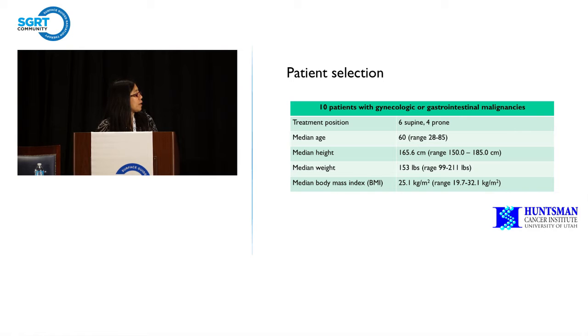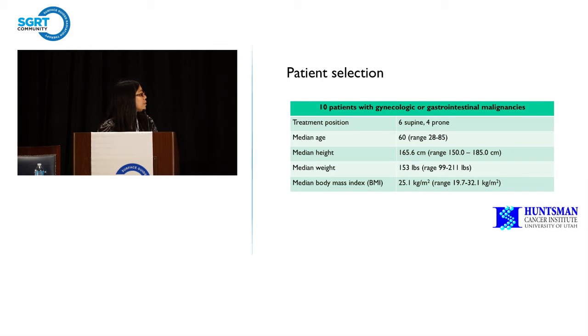In this study, we have 10 patients with pelvic treatment, either gynecologic or gastrointestinal malignancy. Of the 10 patients, we treated 6 in supine position and 4 in prone position. The median age of those patients is 60, a little on the higher end, ranging from 28 to 85.